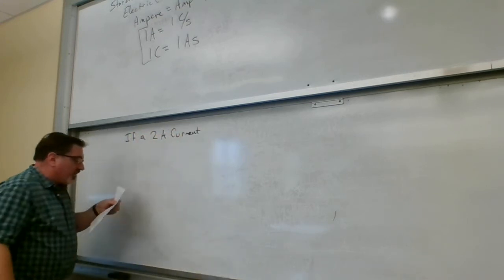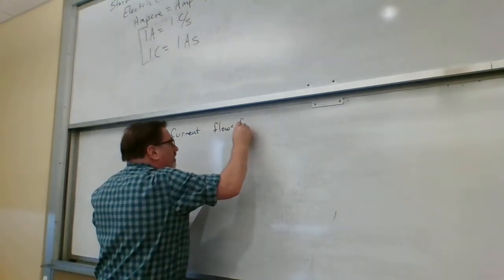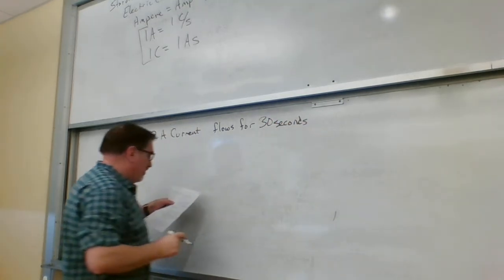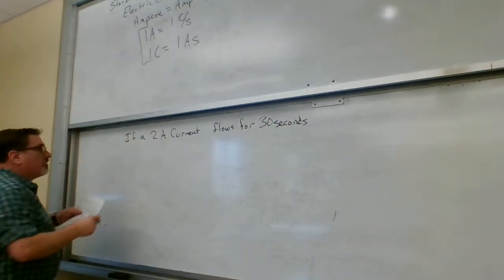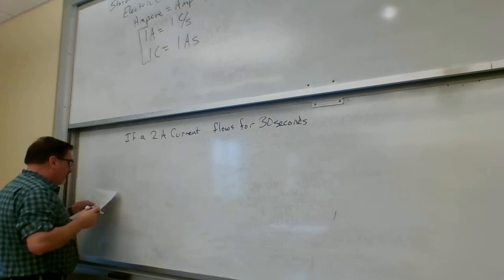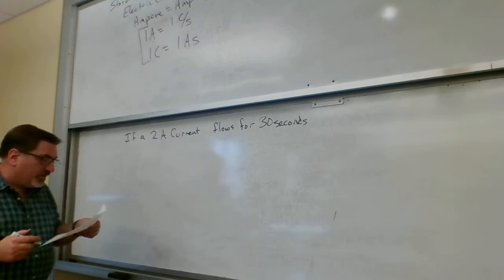if a 2 amp current flows for 30 seconds, how much charge went through?